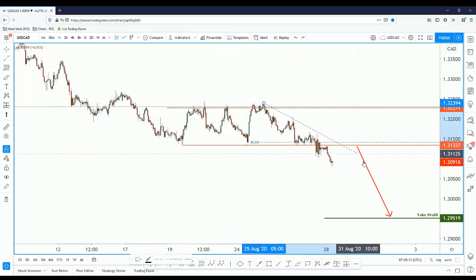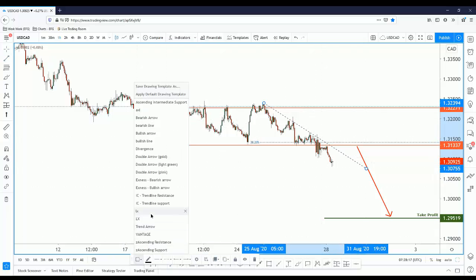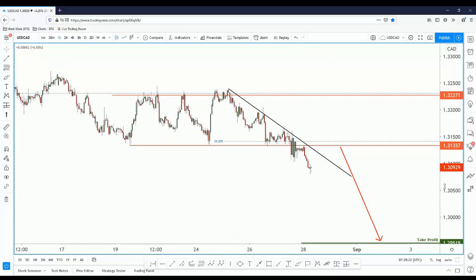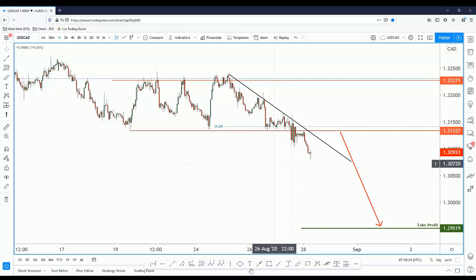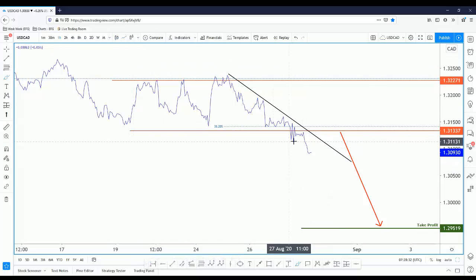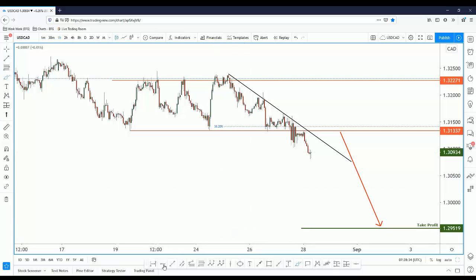So we can draw a trend line. You can cut the wicks, but try not to cut the candles. We see that price recently whipsawed around this area before making a push down. So if anything, we can use this as a graphical level, sort of an entry.